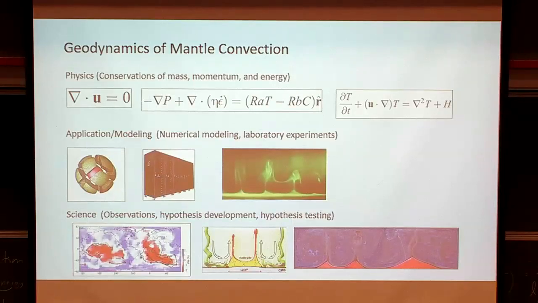And you can use either finite difference or finite element methods to solve these equations. Another way to tackle this physics is to scale the problem, and we'll talk a little bit more about that later, in such a way that you can perform an analog experiment in some kind of tank, in some kind of experimental setup. So instead of solving the equations, you're reproducing the system in some kind of laboratory experiment.